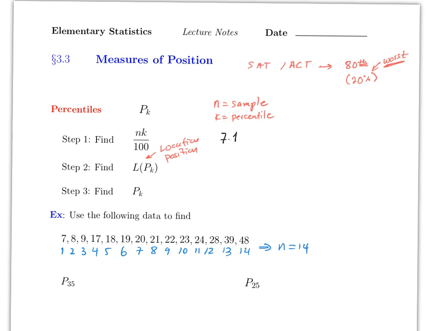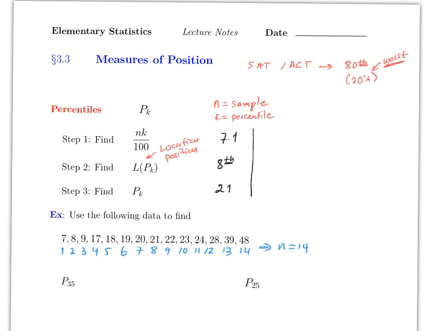You always want to round up. So 7.1 is going to round up to 8. So this will be the 8th position. Now, which one is the 8th position? The 21. So therefore, the percentile that you're looking for will be the number 21.